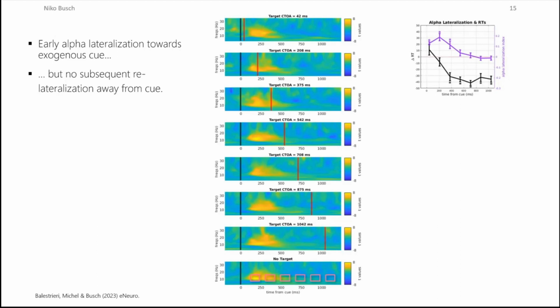The general direction of microsaccades is away from the Q, but they are correlated with the direction of alpha lateralization, meaning that the stronger my alpha is directed in the Q location, the more my microsaccades are directed in the same direction.